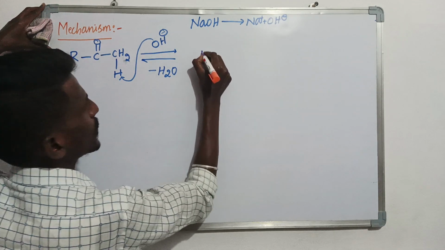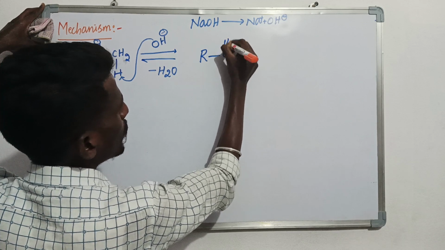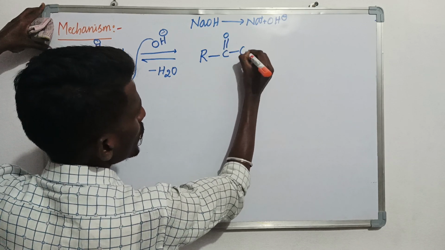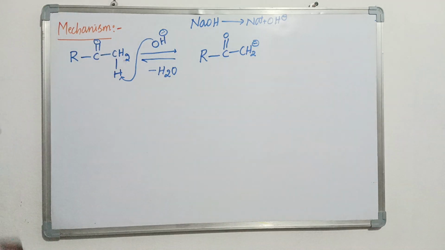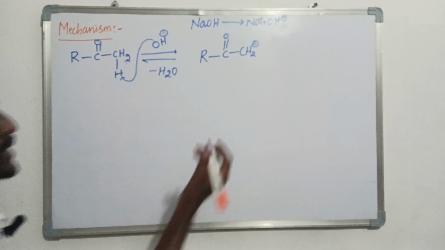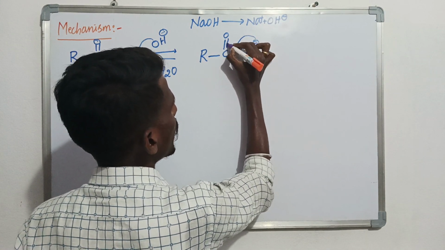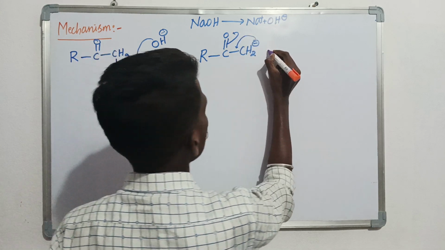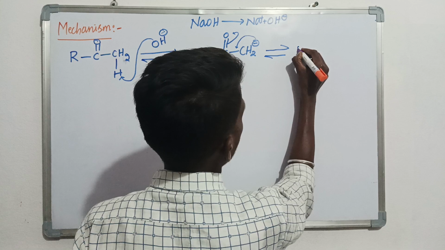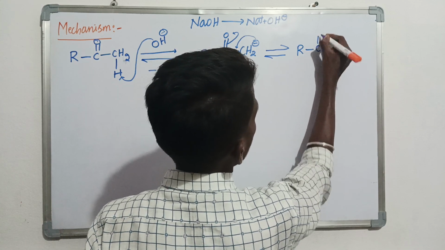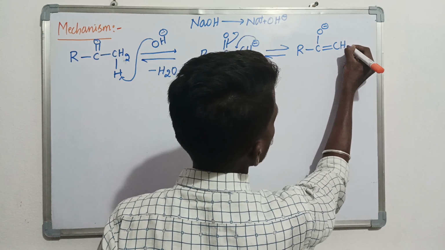And it will be converted into RC double bond O CH2 minus, and this charge will be shifted to the oxygen, and it will be interconverted into RCO minus with double bond CH2.